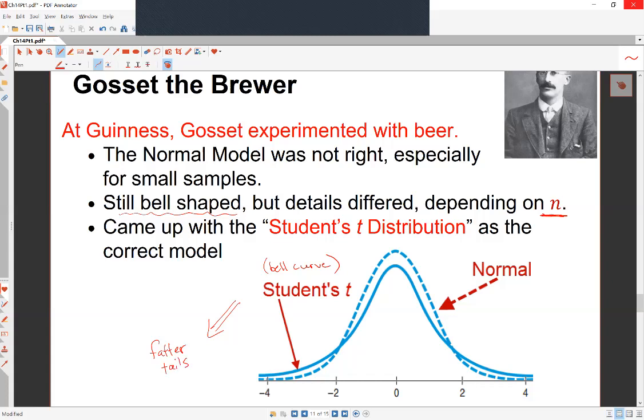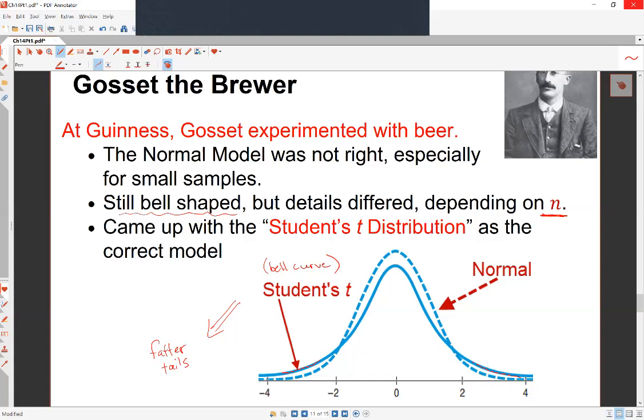When you go out into the tail of the bell curve, the tails are a little bit thicker for the t-distribution relative to the normal distribution.